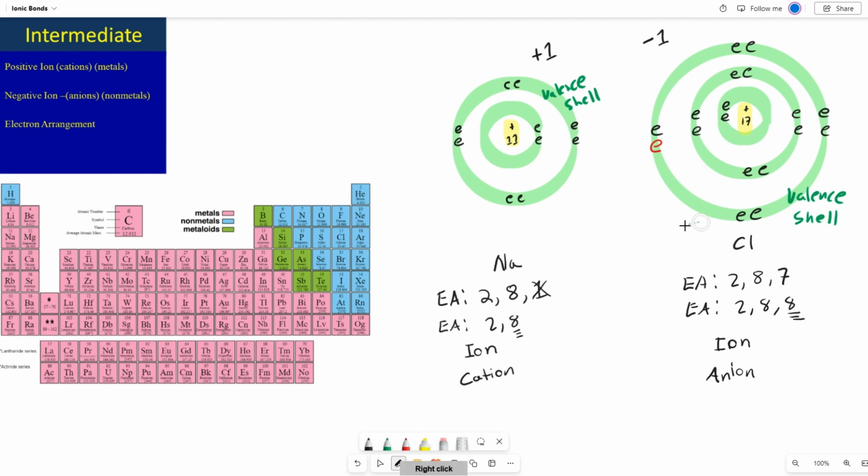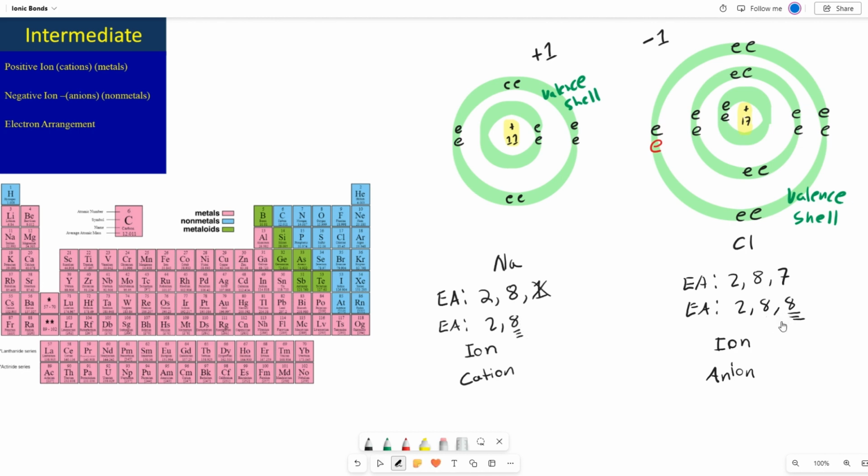So nonmetals like chlorine, when they become ions, are negative ions, therefore they're called anions. And metals like sodium, when they become ions, have a positive charge, and are called cations. And you can see how the electron arrangement causes their octets to be filled.